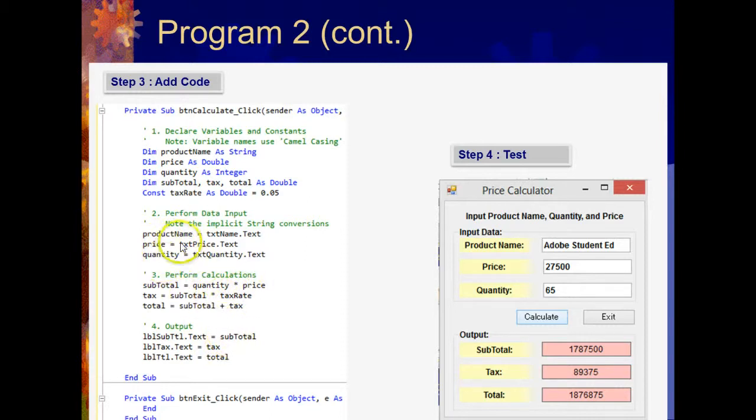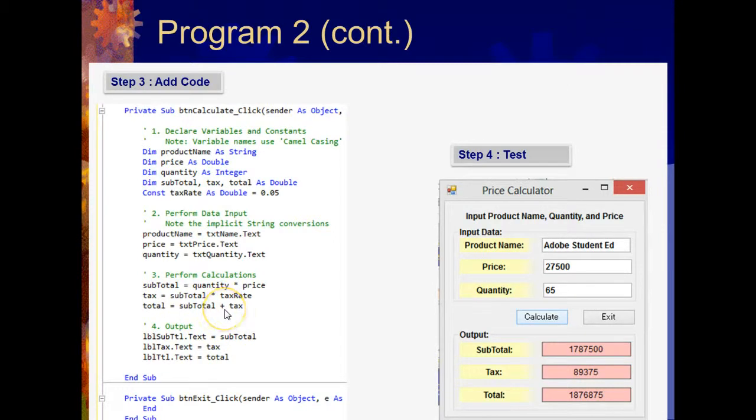I think we could just take text name dot text, text price dot text times text quantity dot text. I think that would also work here instead of quantity times price, or even here. So you could do this, but it's kind of more methodical to do it this way.